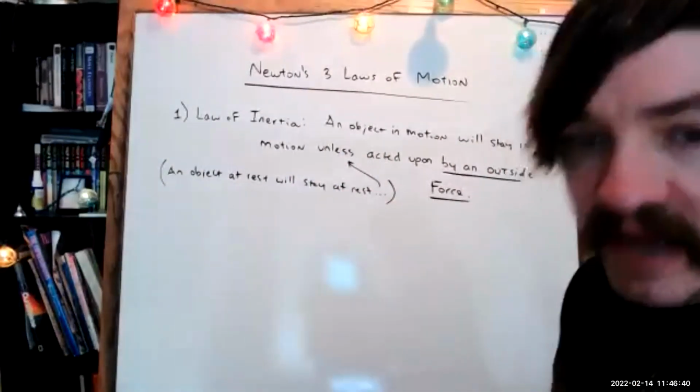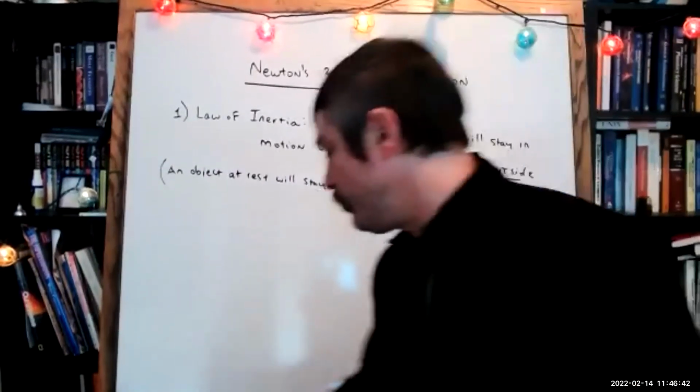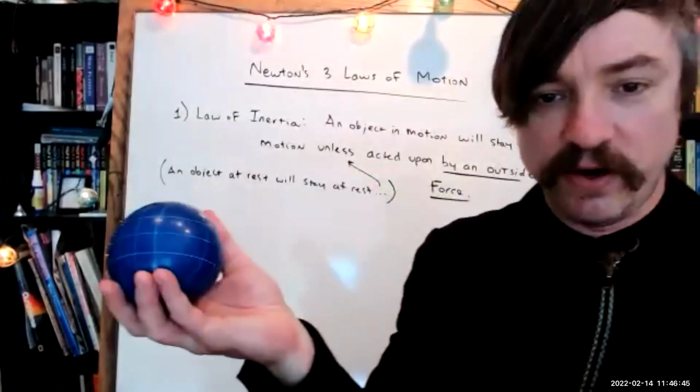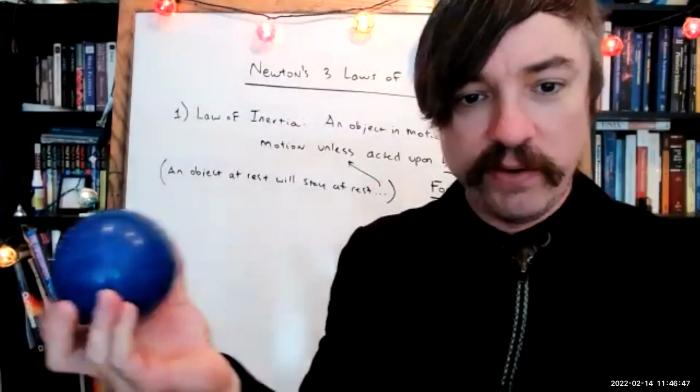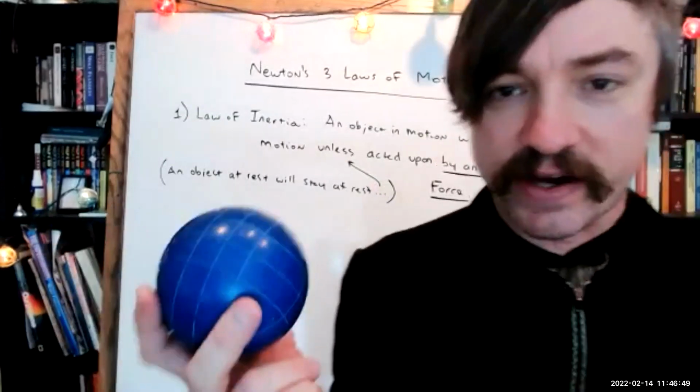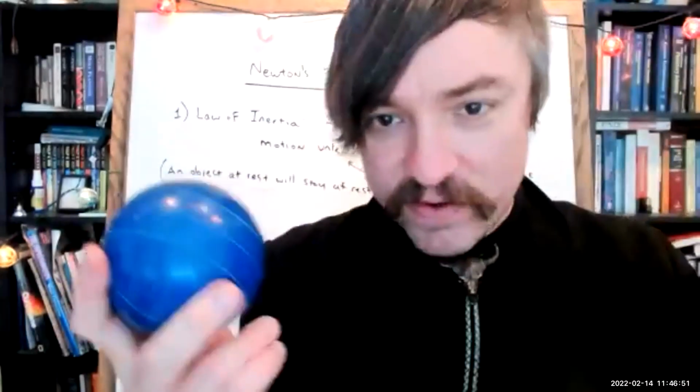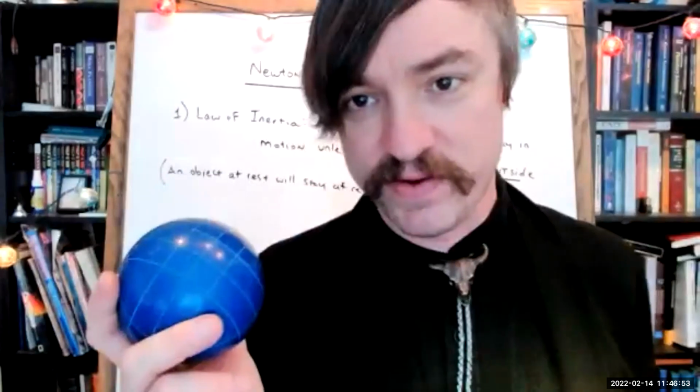Why did Newton need to describe the law of inertia? Aristotle had claimed that when you watch a stone roll along the ground, it will eventually come to rest, Aristotle says, by its own volition. It just naturally comes to rest.